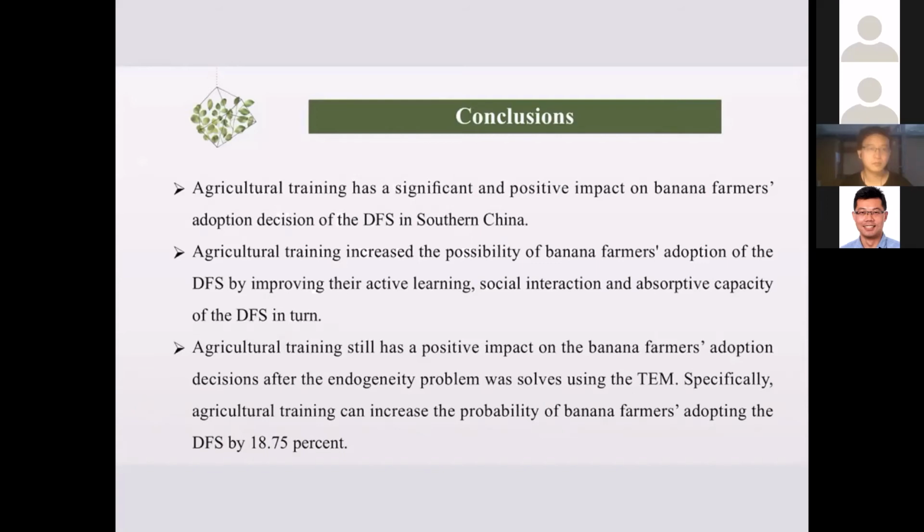Then agriculture training still has a positive impact on banana farmers' adoption decisions after the endogeneity problems were solved using the treatment effect model. Especially, agriculture training can increase the probability of banana farmers adopting the DFS by 18.75%.